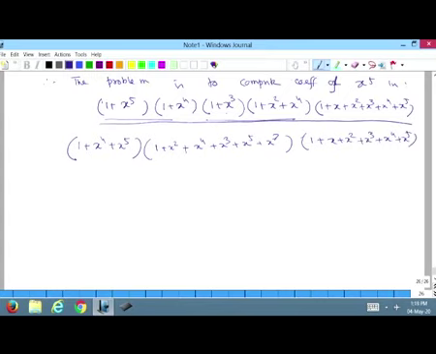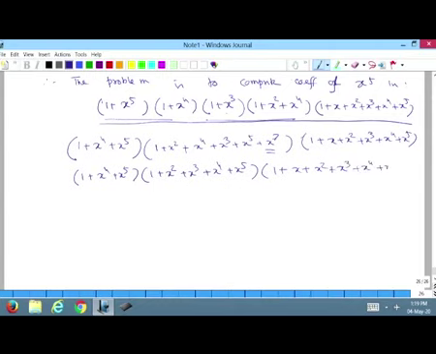Now, since x to the power 7 is not needed, we can ignore it. Therefore, we have 1 plus x to the power 4 plus x to the power 5, multiplied by 1 plus x square plus x cube plus x to the power 4 plus x to the power 5, multiplied by 1 plus x square plus x cube plus x to the power 4 plus x to the power 5.